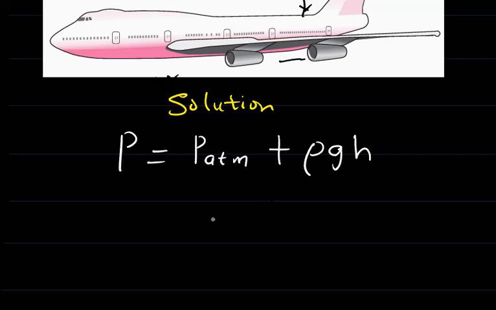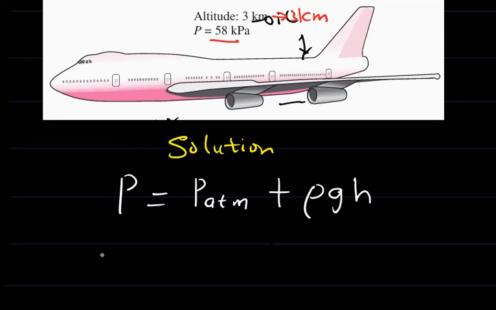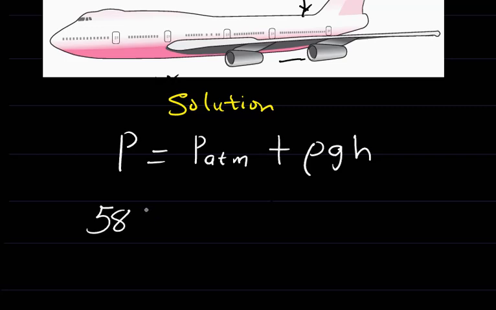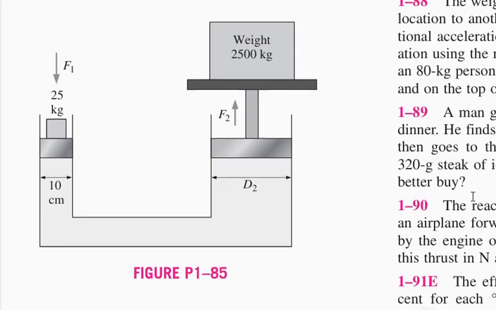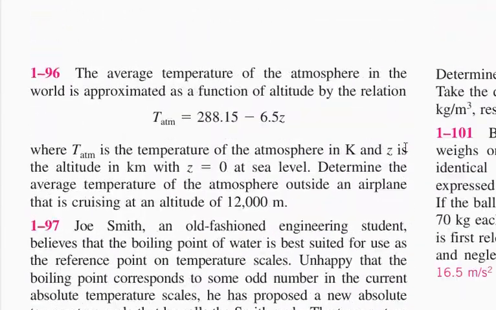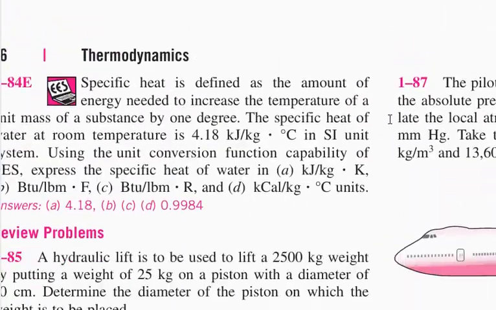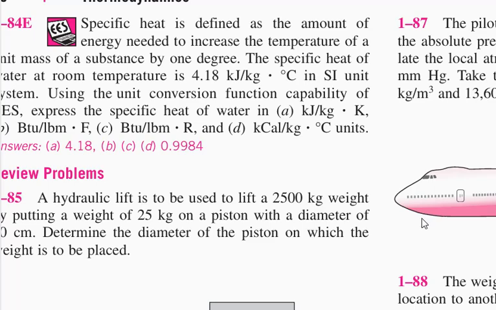We know the absolute pressure, which of course is 58. The density of air was given: take the density of air to be 1.15.